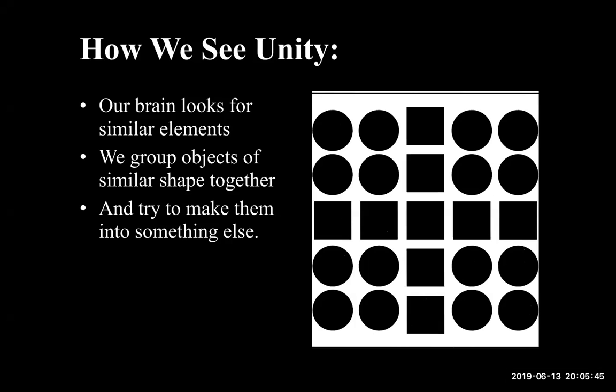And it's all happening in our brain. There's no text on the page saying, this is a cross in the middle of the page, and it's surrounded by squares or circles. But that's what we see.